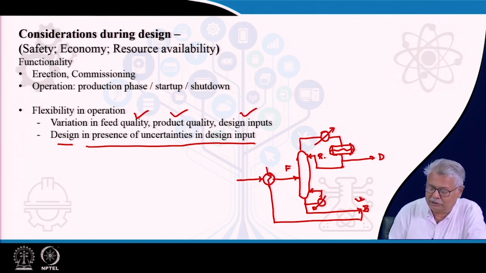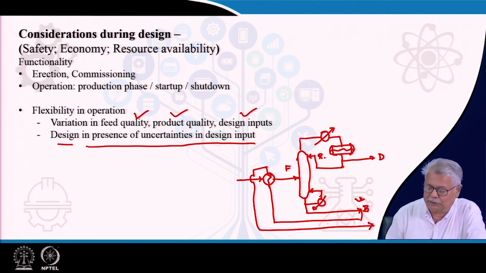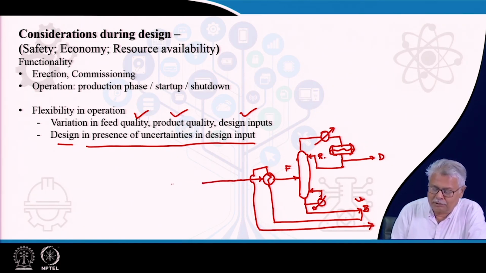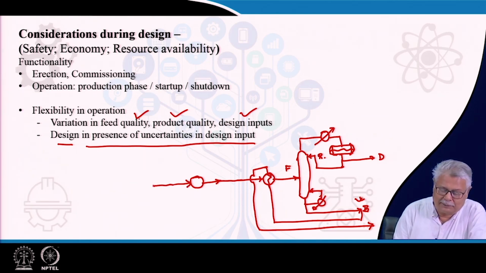It will recover heat from the bottoms and send the bottom out like this. You have possibly other heating arrangements and exchangers in your feed line also. You definitely will be having a feed pump here, which will be pumping the material which will be coming from some external source, possibly from a tank.